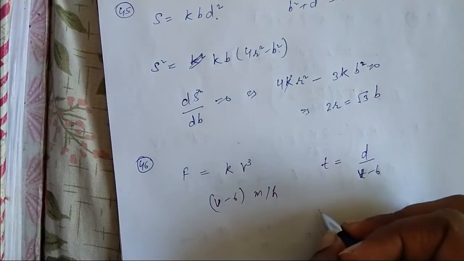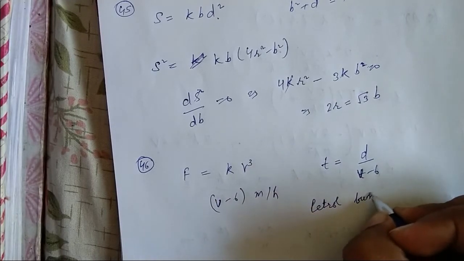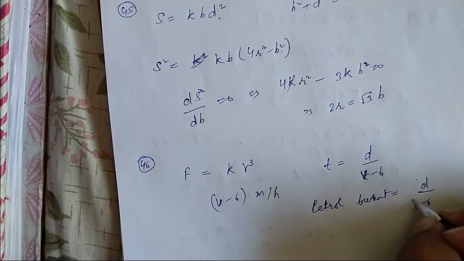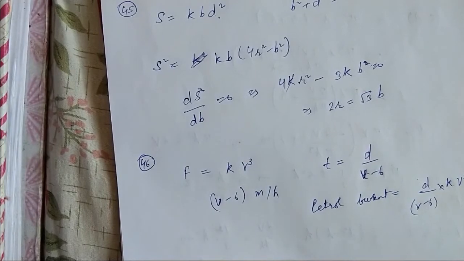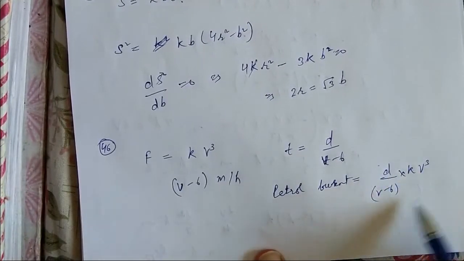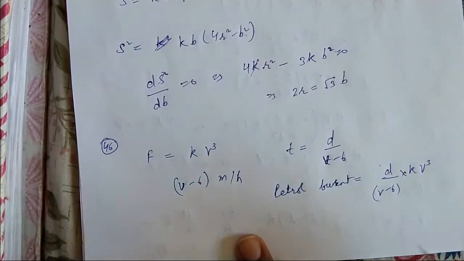Petrol burnt would be d upon v minus 6 into kv cube. For economic speed we need to minimize consumption of this. So let's differentiate it with respect to v.